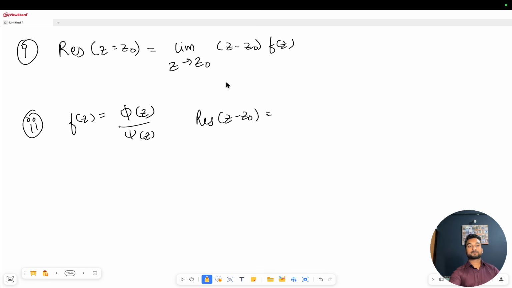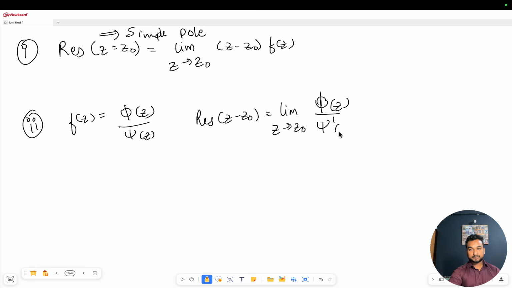This is all for simple pole. So the residue here will be limit z tends to z naught phi of z upon psi dash, that means the first derivative of the denominator. This will be your residue.